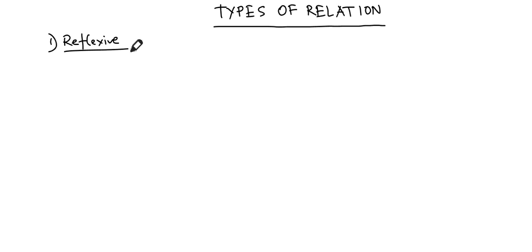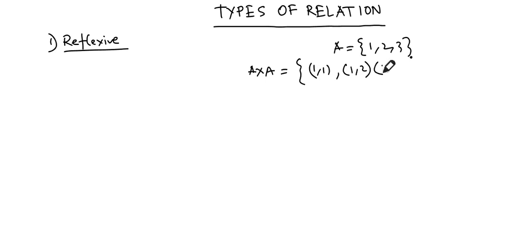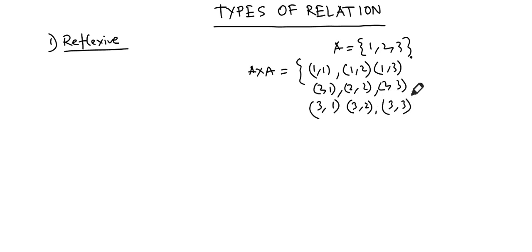What is a reflexive relation? Suppose we take a set A = {1, 2, 3}, and then A cross A would be the set {(1,1), (1,2), (1,3), (2,1), (2,2), (2,3), (3,1), (3,2), (3,3)}.